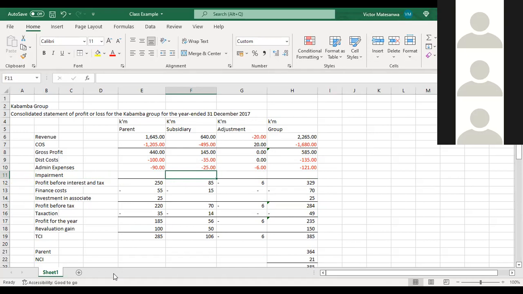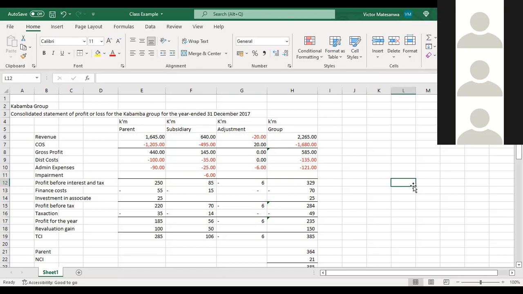In line F, if you want, you can just say equals, then you pick that 6 that you have in line 10. In G10, equals, then pick that. So don't adjust it the other side, otherwise you double count. I don't know if you're seeing what I'm trying to do.